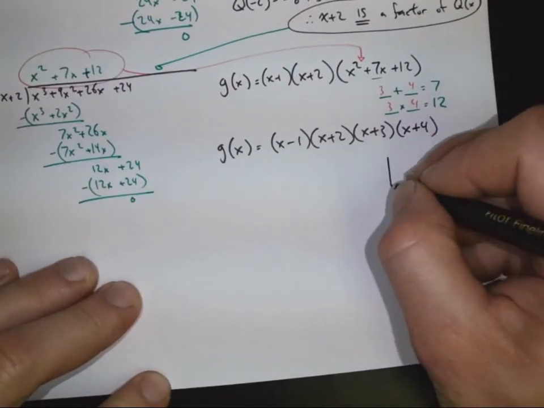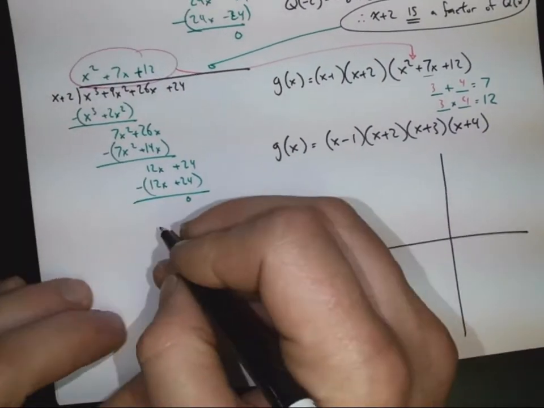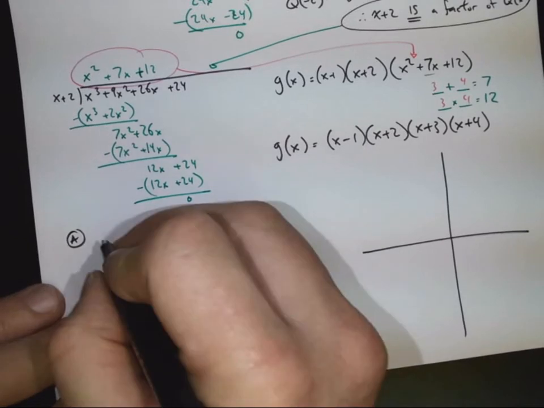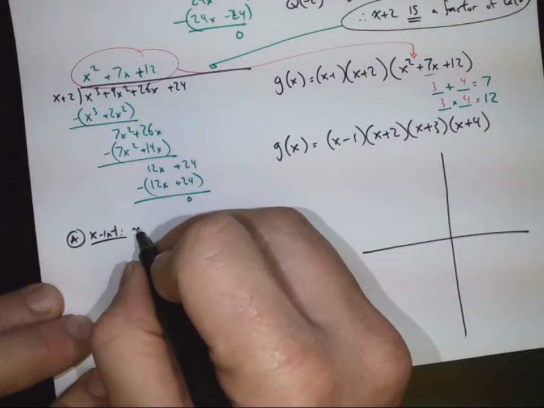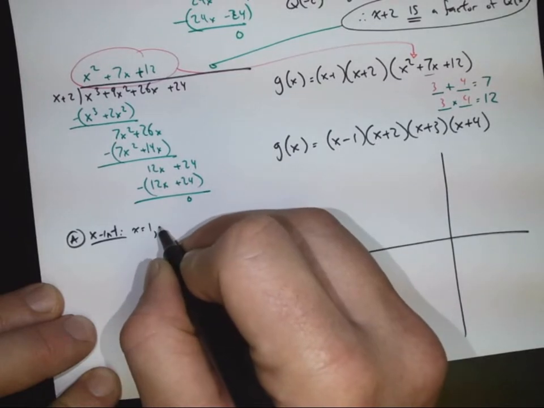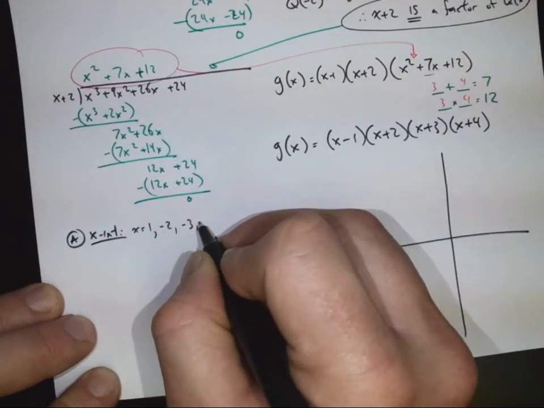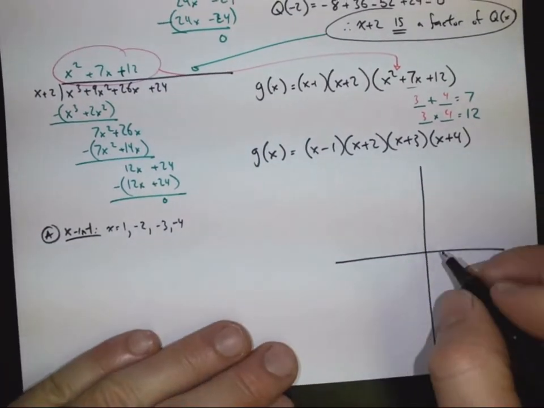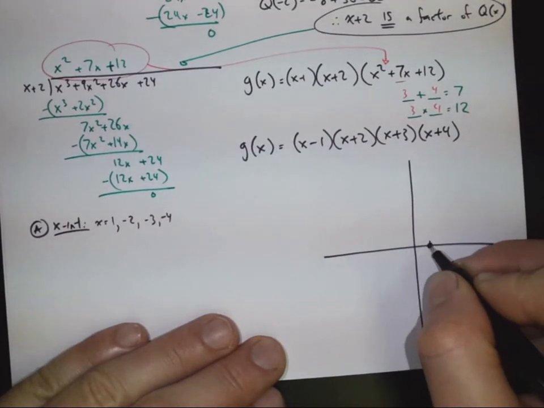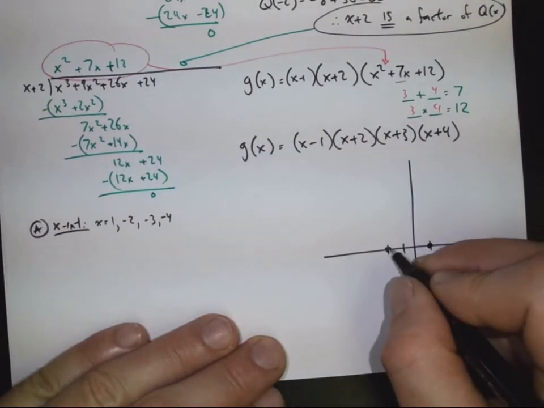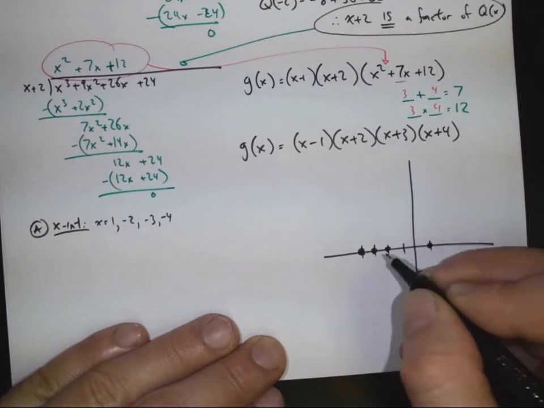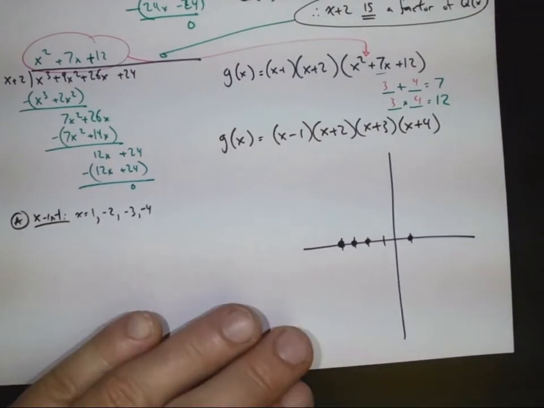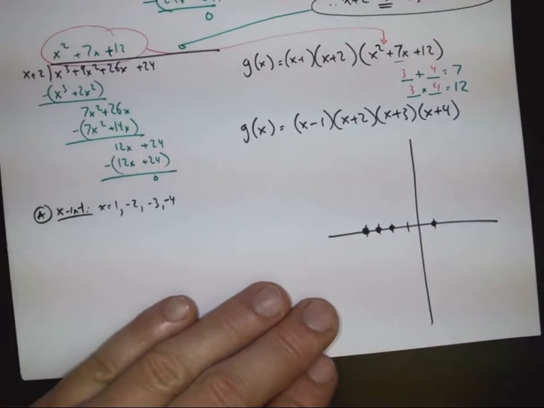So when we want to sketch this thing, we'll start with our x-intercepts. Our x-intercepts are at x equals 1, -2, -3, -4. Those are our roots. So we've got a root at 1, -2, -3, -4. Okay.